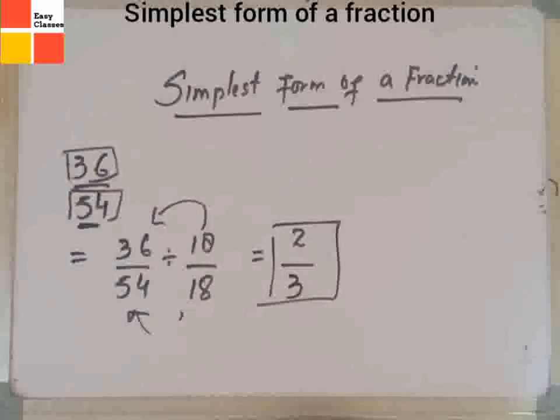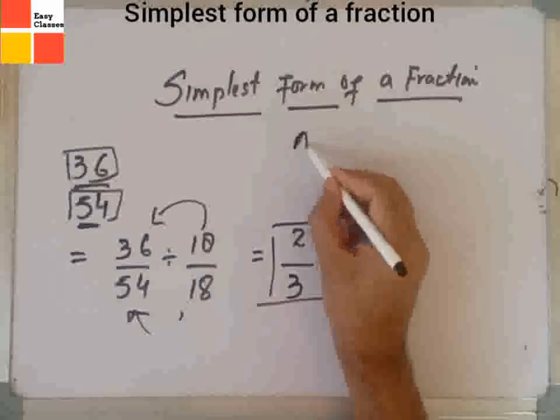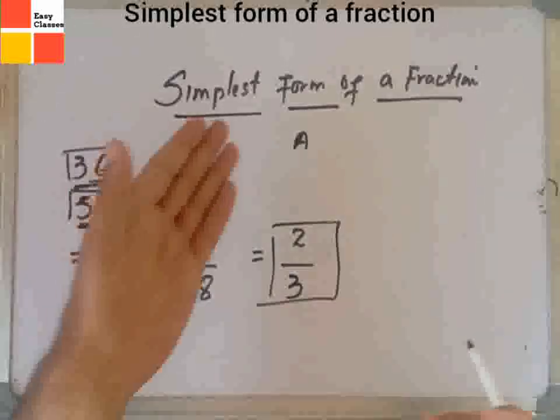So this is the simplest form of 36 by 54. So we can conclude, what do we mean by the simplest form of a fraction?